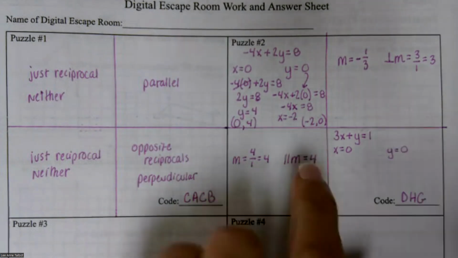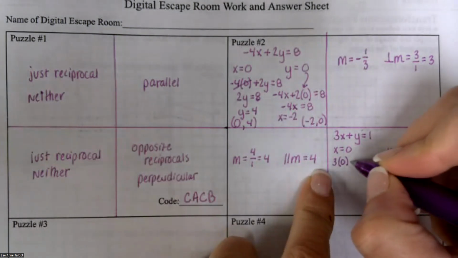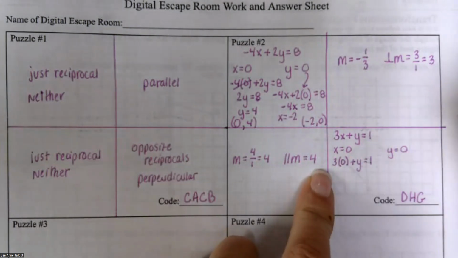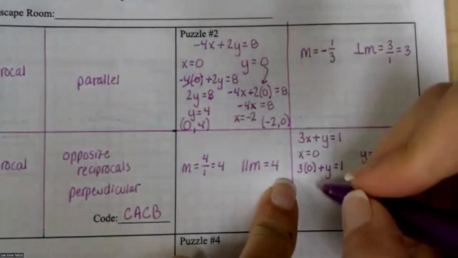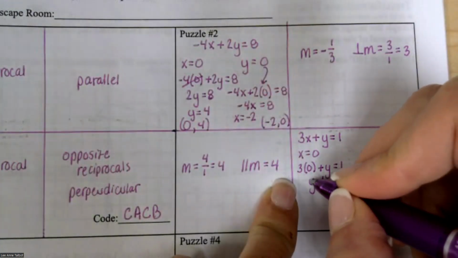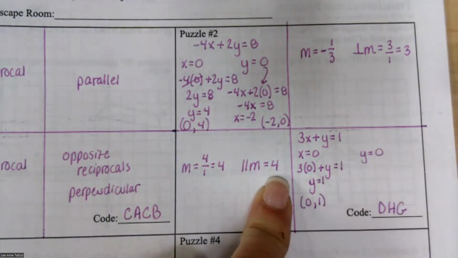Okay, so I'm going to put 0 in the x spot. So 3 times 0 plus y equals 1. y equals 1. 0, 1.